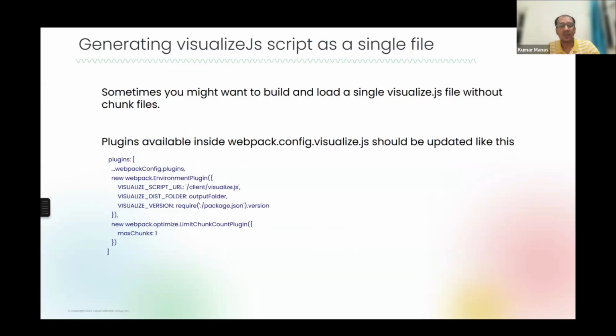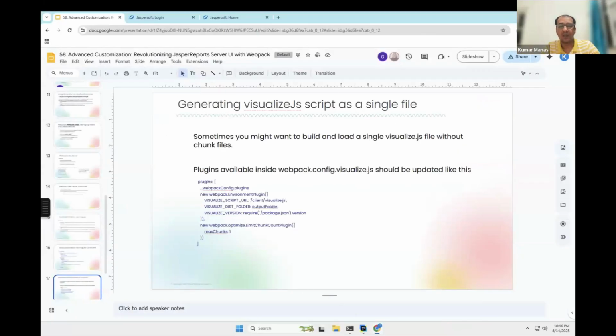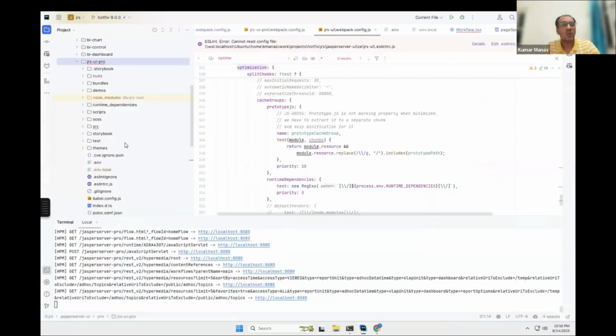If a customer or user wants to use Visualize as a script in their code, then these chunk files are not helpful there. So how do we create a single Visualize.js? I will show you in the demo. First of all, I will show you how it would be created by default. If you go to the JRS UI Pro folder, inside the build we have the script.